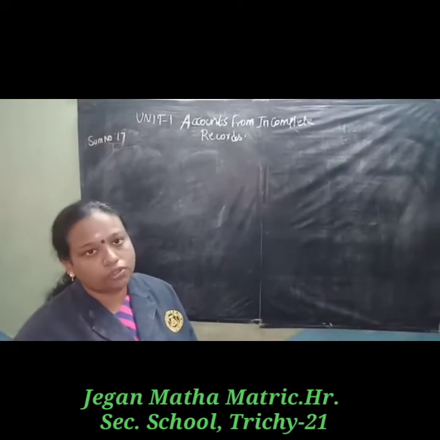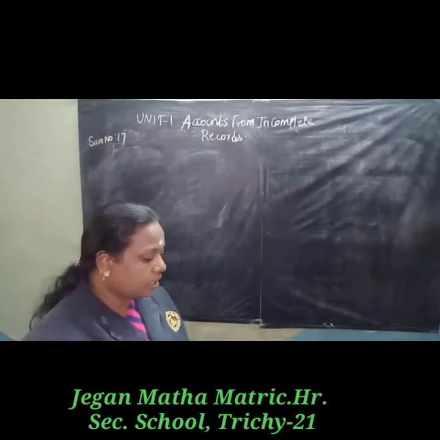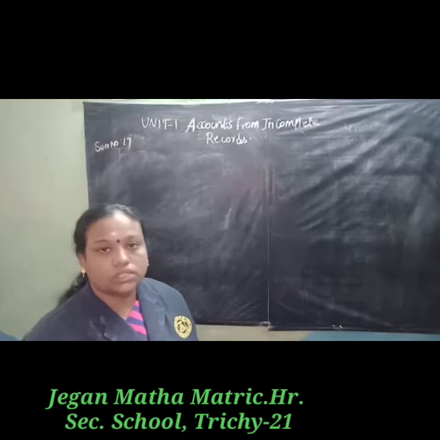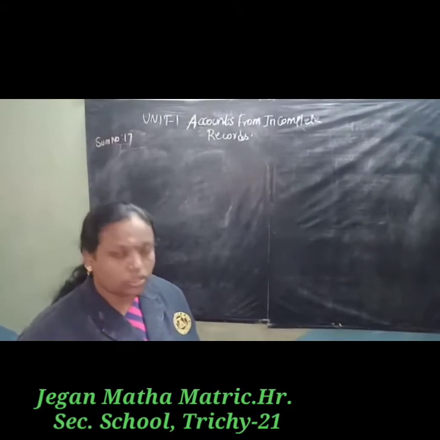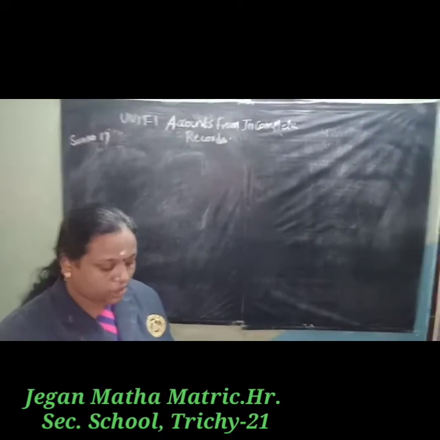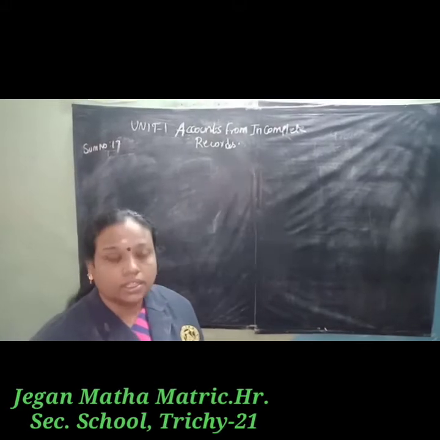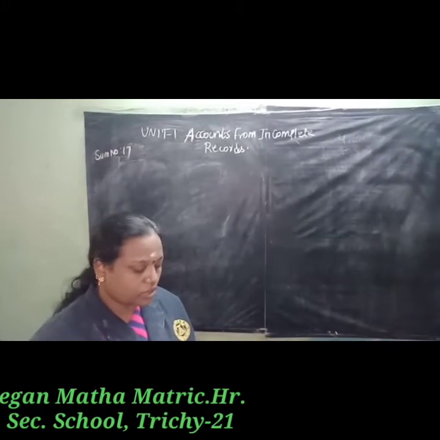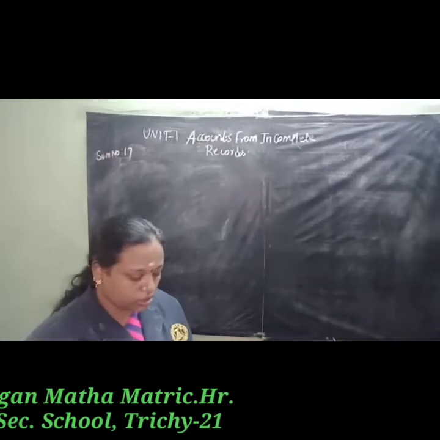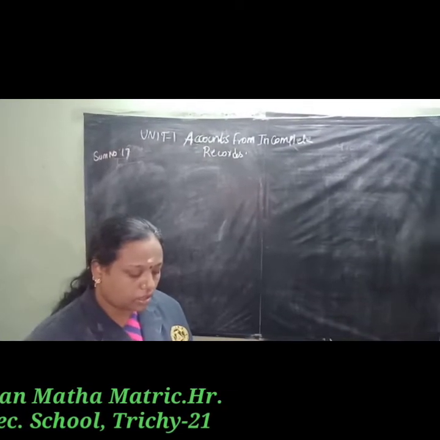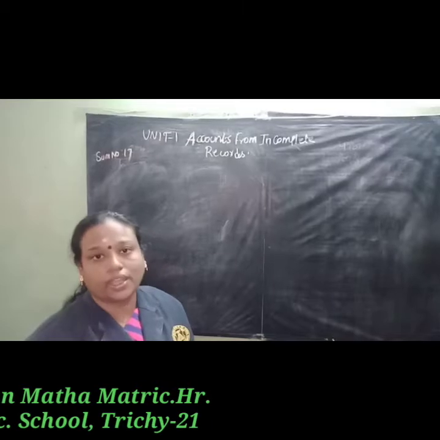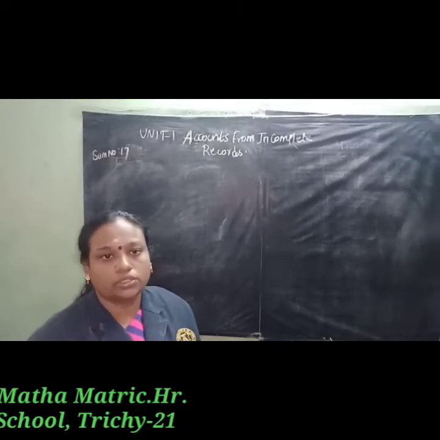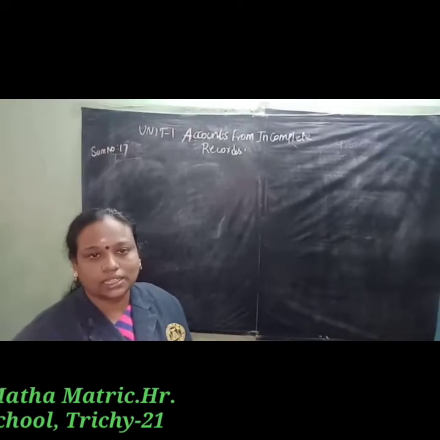Other details: rent paid 1,20,000, discount received 35,000, discount allowed 25,000, cash paid to creditors 11 lakh, cash received from debtors 12,50,000, drawings 1 lakh, cash sales 20,000. Capital as on 1/4/2018 is 5,20,000. So the opening capital is given. In this sum we are going to find out the credit sales and the credit purchase.